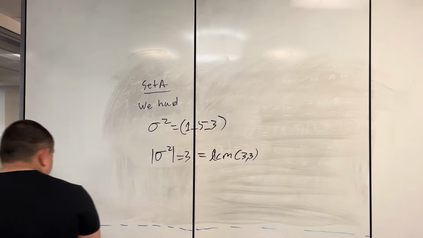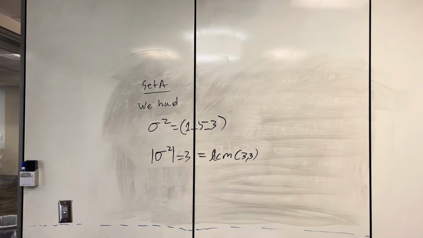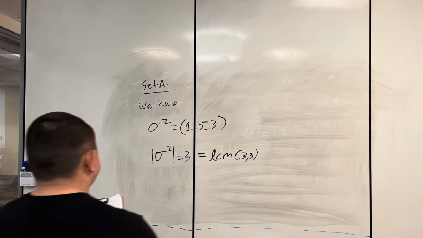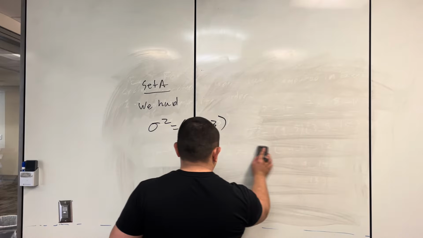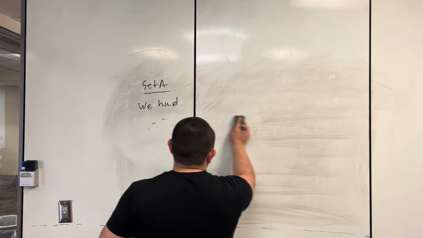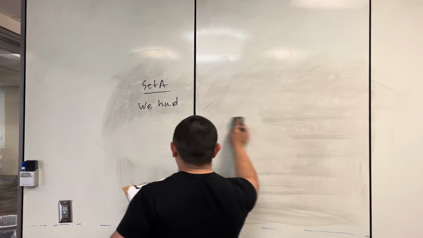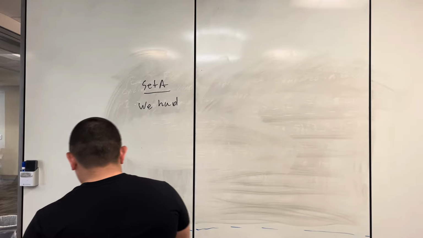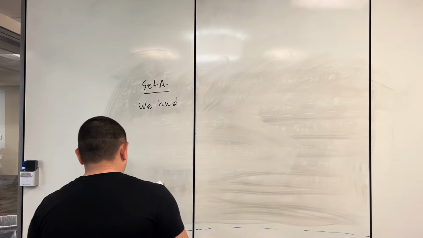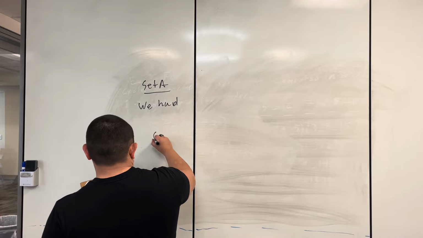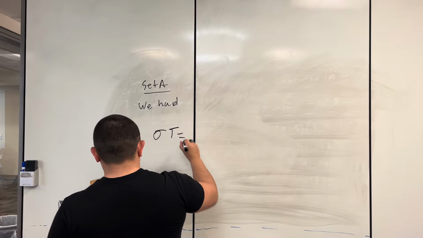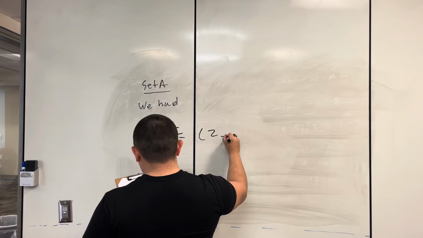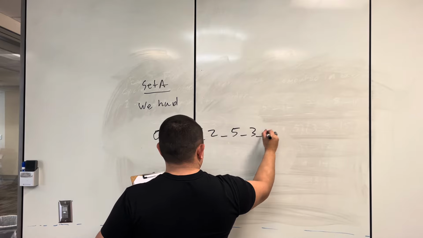Unless you include 1, it's still 3. So there we go. If you had an infinite one, we could say the least common multiple of that and infinity is infinity. So sigma tau is equal to (2 5 3 4).